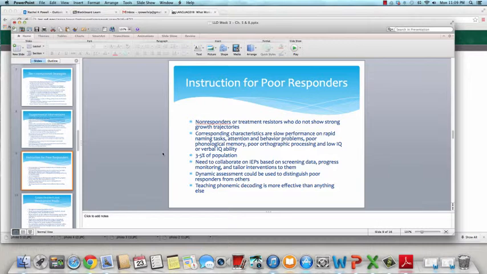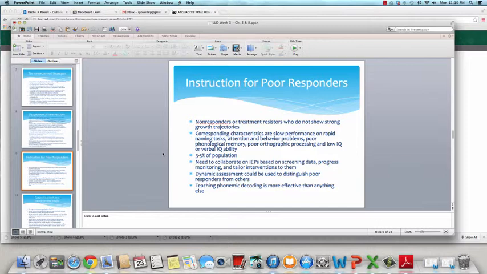That would be your letter naming tasks, those phonological memory tasks we talked about in the last week's discussion, attention and behavior problems, poor phonological memory, poor orthographic processing, and low IQ or verbal IQ ability. This should be about 3 to 5% of your population. So not very many, generally your special education population.